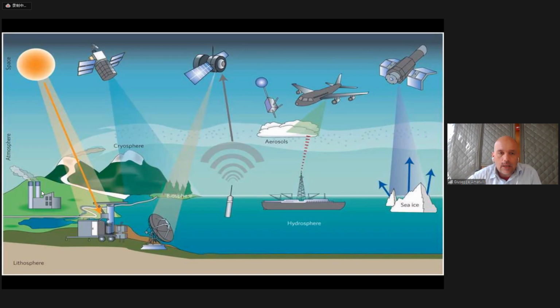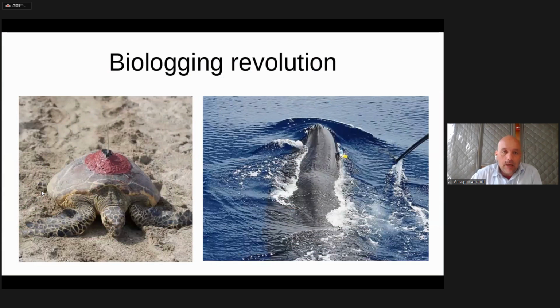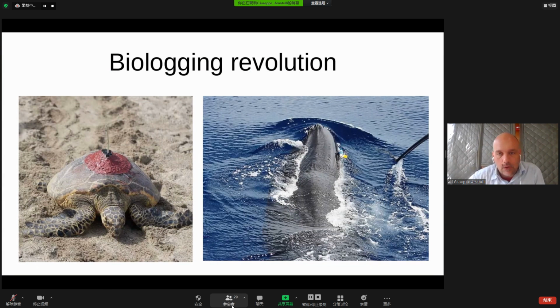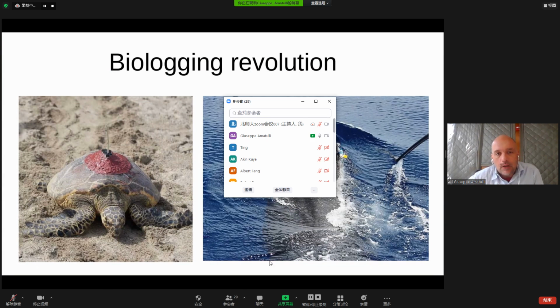These are really big amounts of data that quite often are even carried by animals, in the so-called biologging revolution, with sensors able to scan the entire ocean, even birds transporting sensors for temperature variation in the atmosphere, and so on. All this data brings us a lot of information.